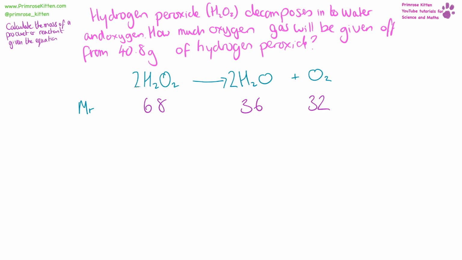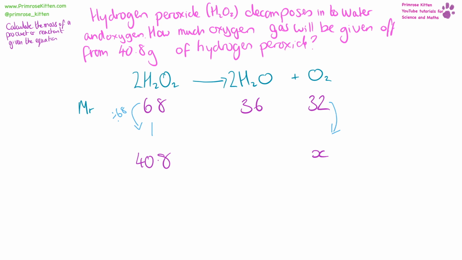But we don't have 68 grams of hydrogen peroxide. We have 40.8 grams of hydrogen peroxide, and we need to find how much oxygen that decomposes to. This is now just a ratios question from maths. I'm going to put a 1 in there. To go from 68 to 1, we need to divide by 68.